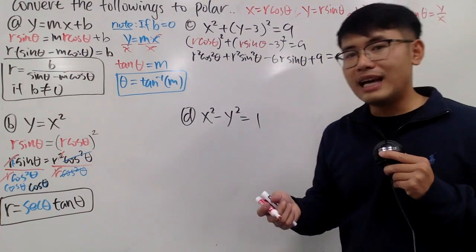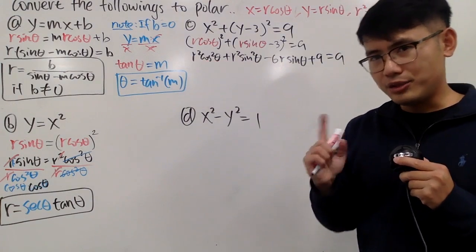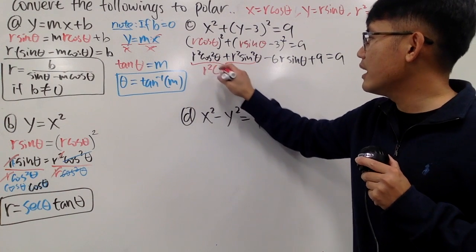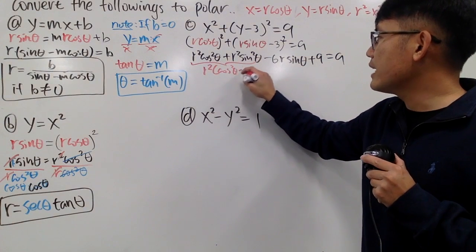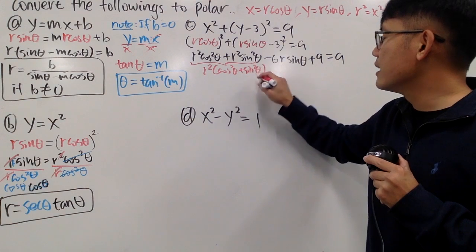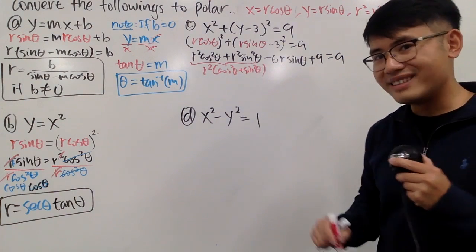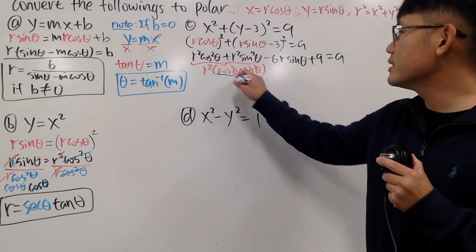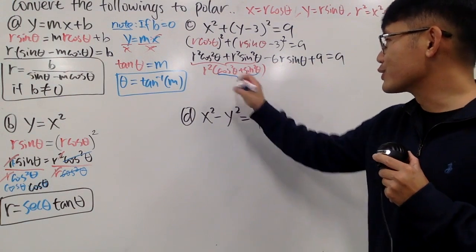Okay, check this out. It's just r squared. Why? Because, of course, we can factor out the r squared, and then we have cosine squared theta plus sine squared theta, and this right here is precisely just 1. Very nice, isn't it? So we have r squared times 1.